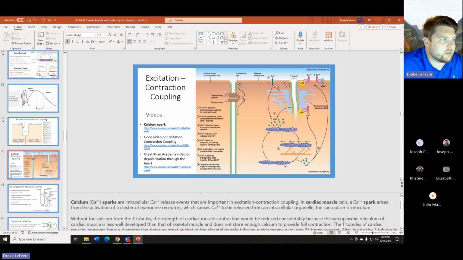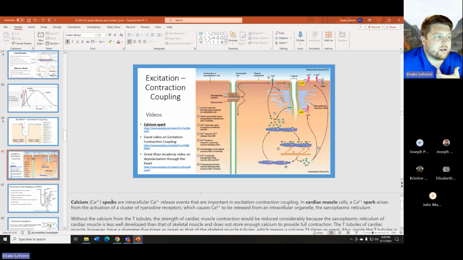So we get calcium that comes in, and that initial influx of calcium shows up everywhere and ignites what we call a calcium spark.